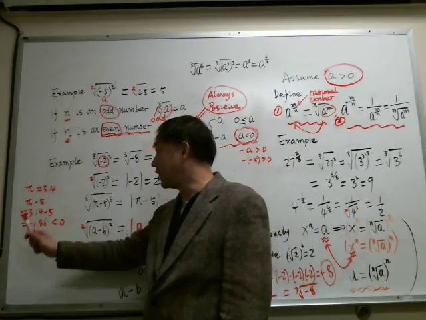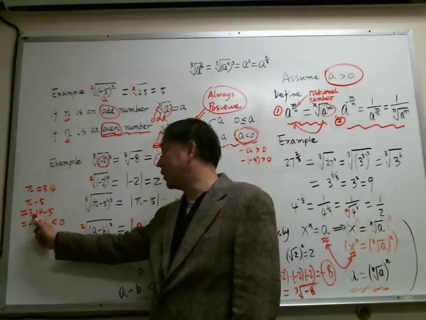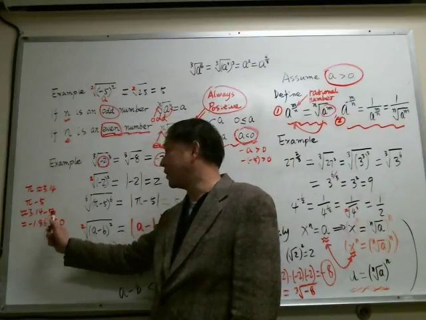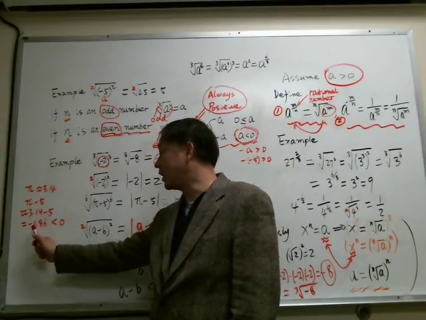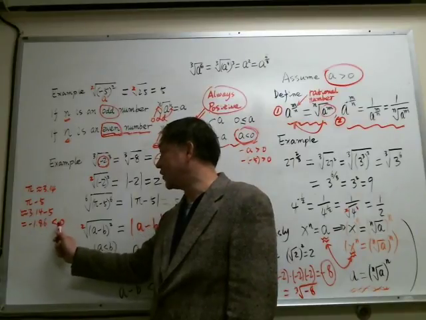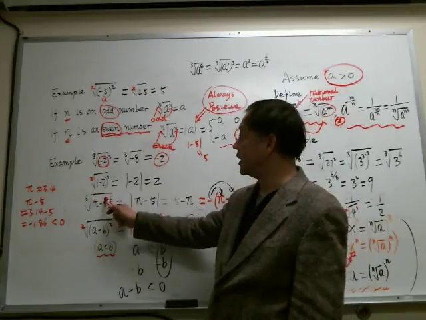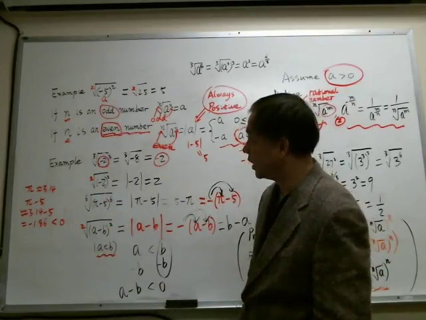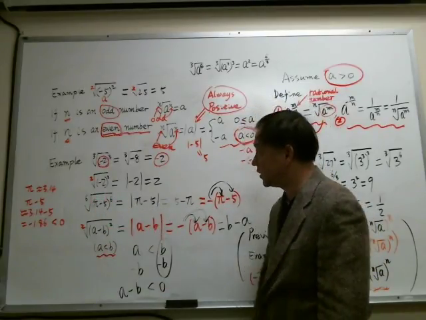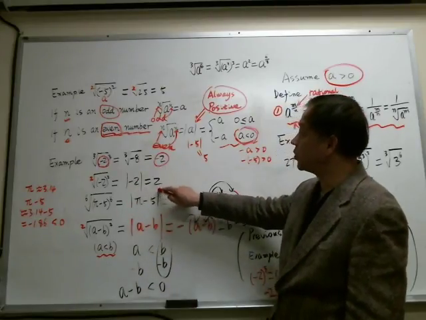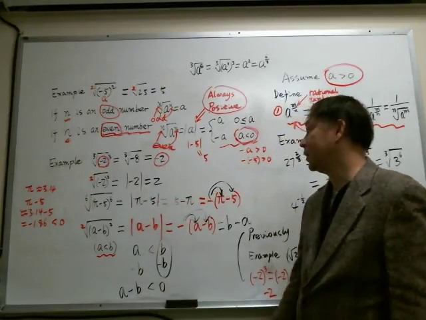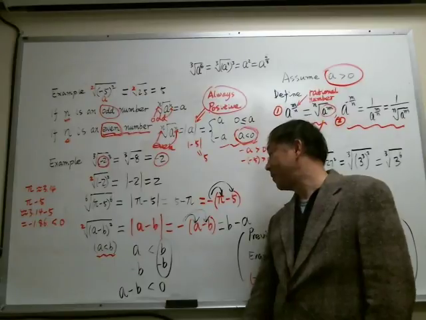Then pi minus 5 is approximately negative 1.86, less than 0. So pi minus 5 is actually a number less than 0. So if you want to put absolute value here, that will be positive.